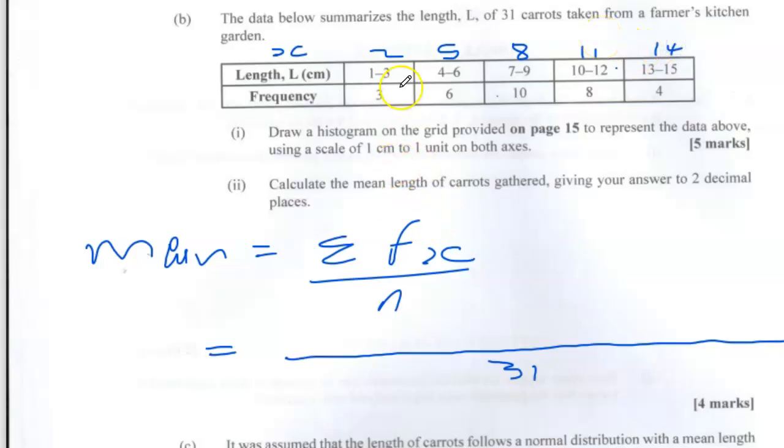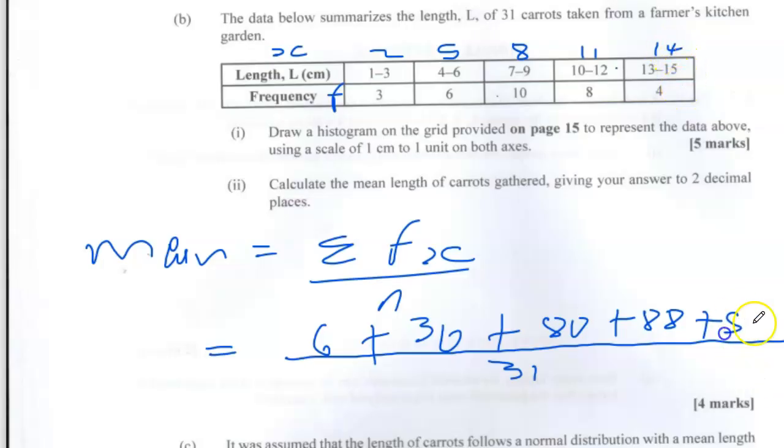So sum of fx, the frequency times the x, so 3 times 2, that's 6. 6 times 5, that's 30. 8 times 10, that's 80. 8 times 11, so the frequency times the x value, 8 times 11, that's 88. And 4 times 14, that's 56.